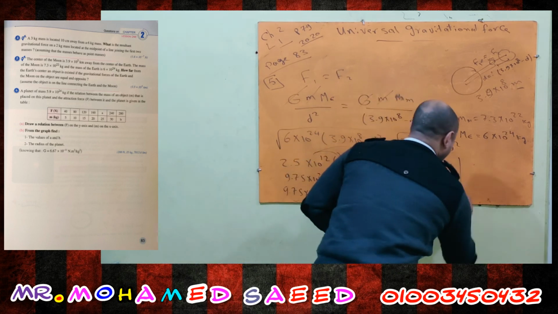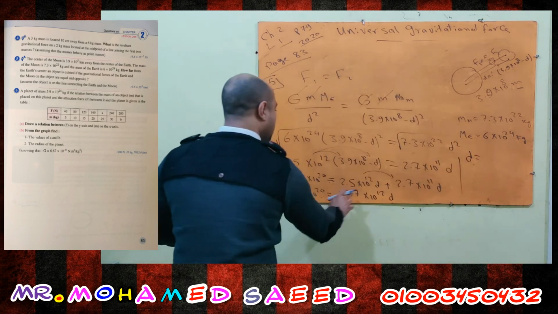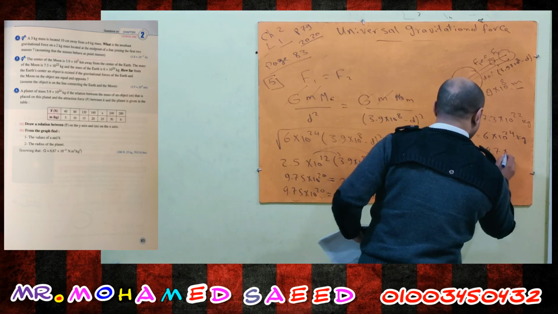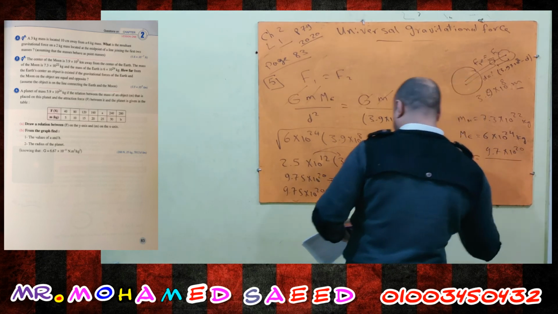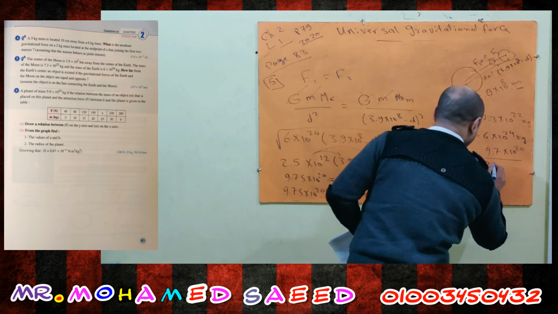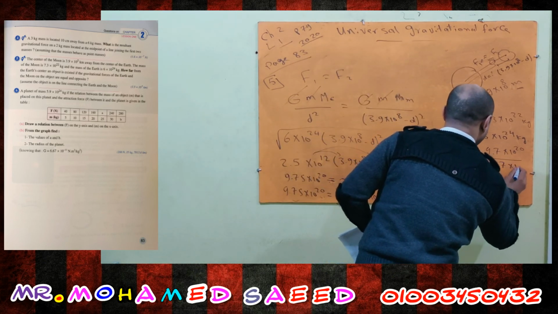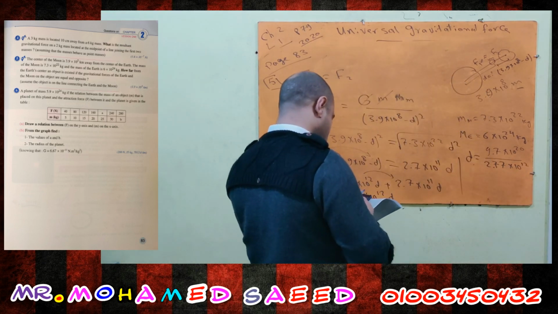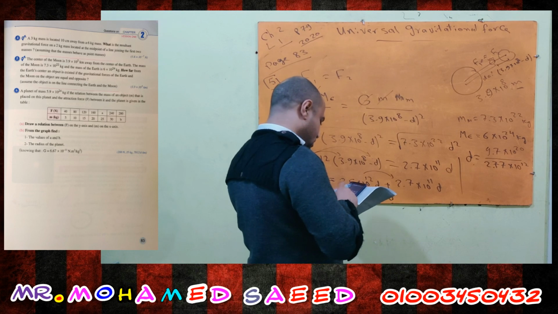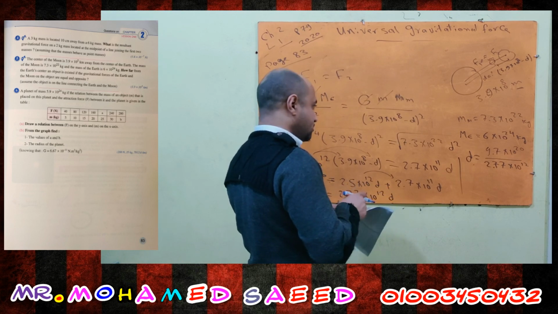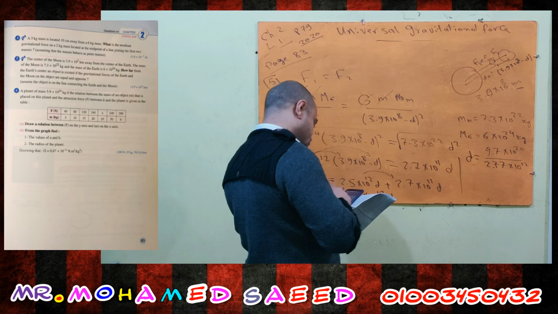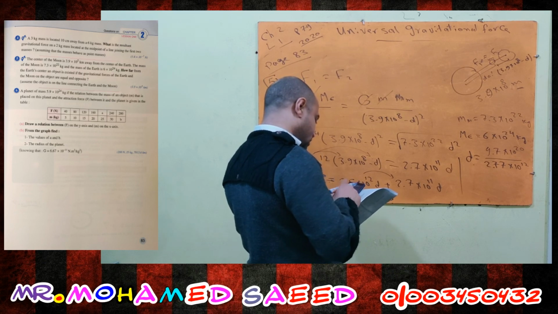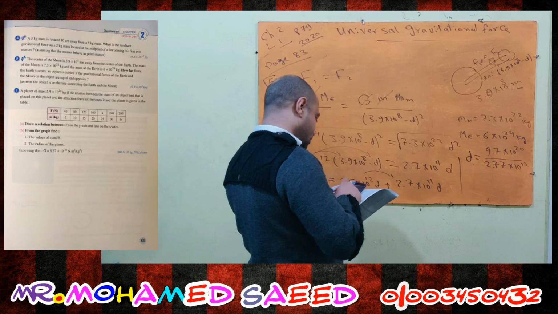So d equals what في النهاية؟ d equals this number over this number, 9.7 times 10 to the power 20 over 2.77 times 10 to the power 12.